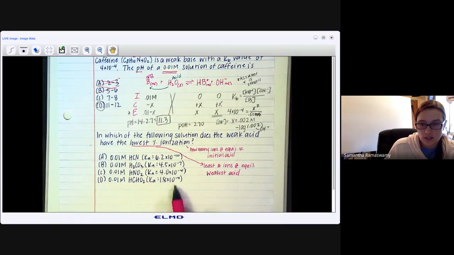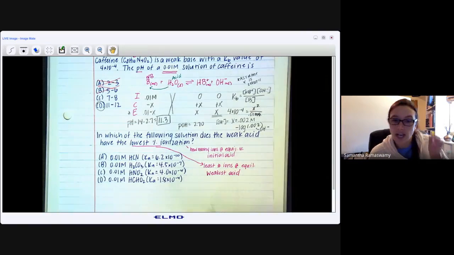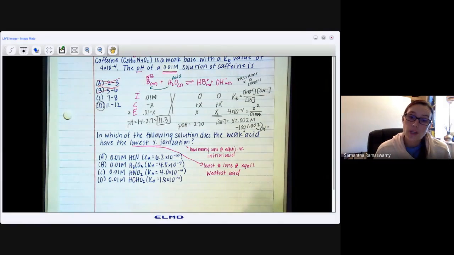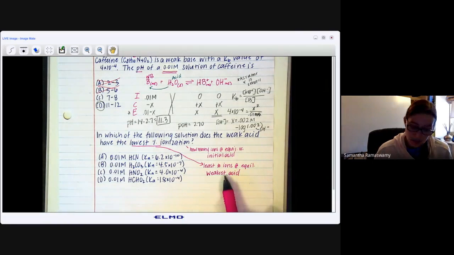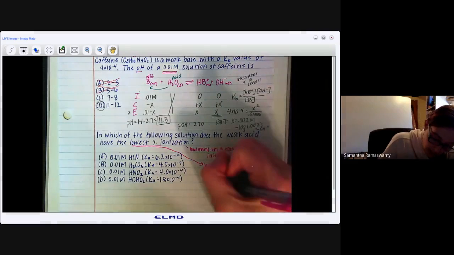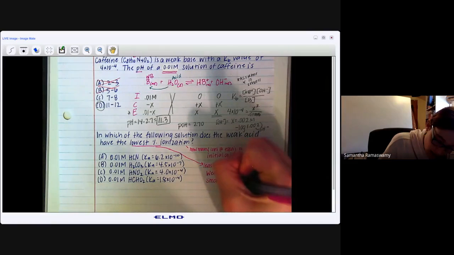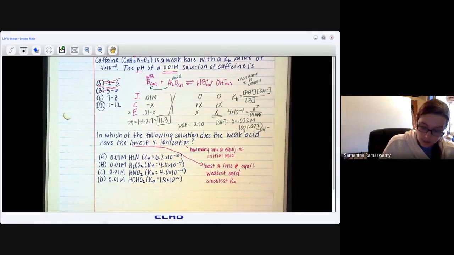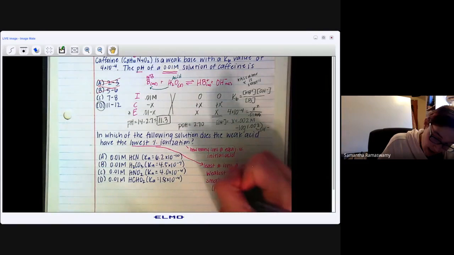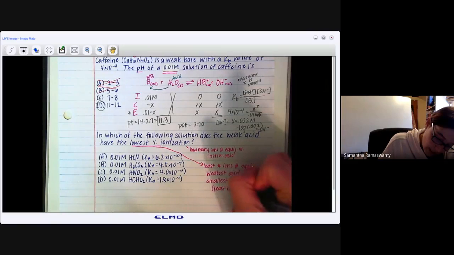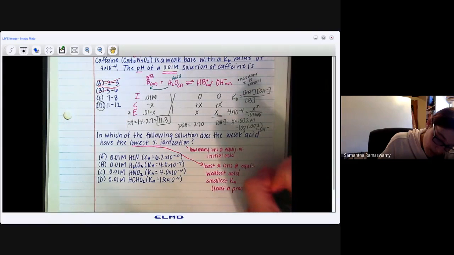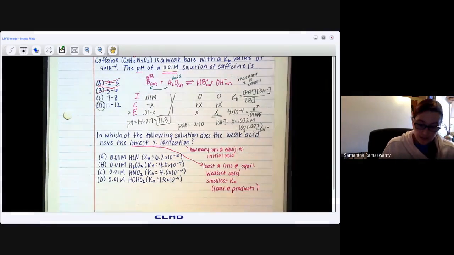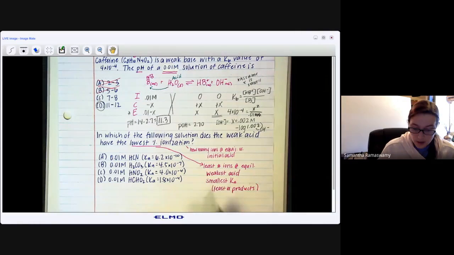You can look at the strengths of weak acids based on the Ka values. So the lowest percent ionization is the weakest acid. The weakest acid has the smallest Ka, because the smallest Ka means the least number of products compared to reactants. So the smaller the Ka, the weaker the acid.